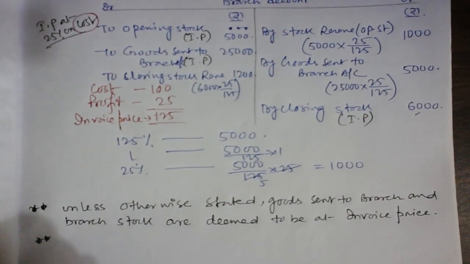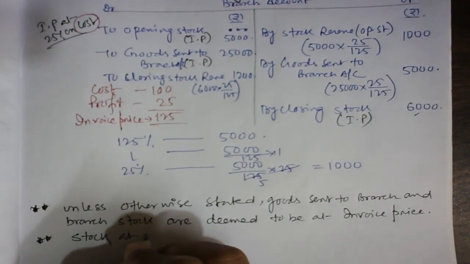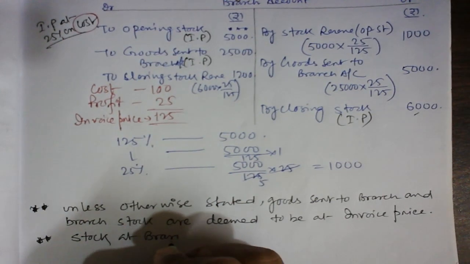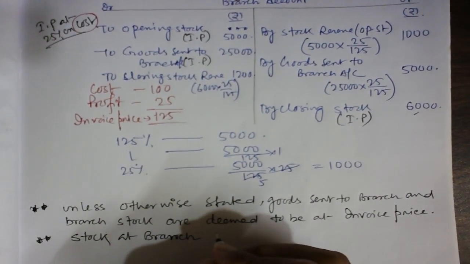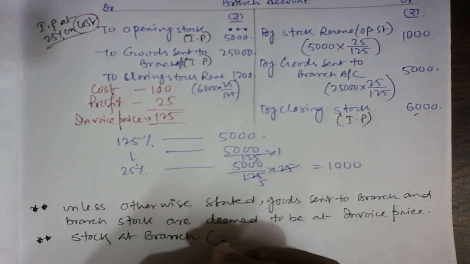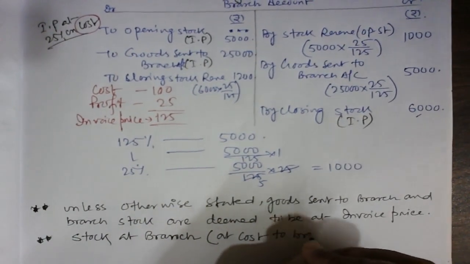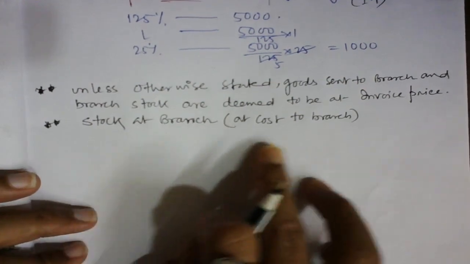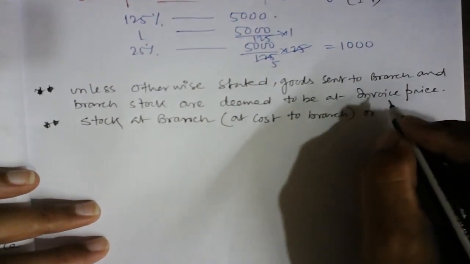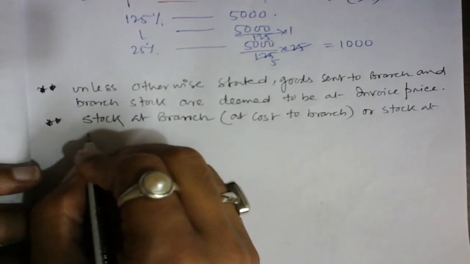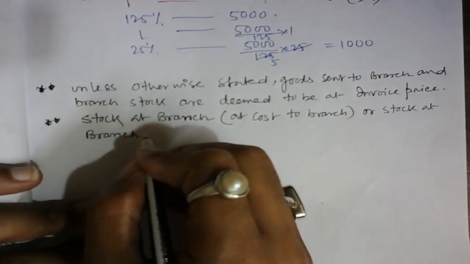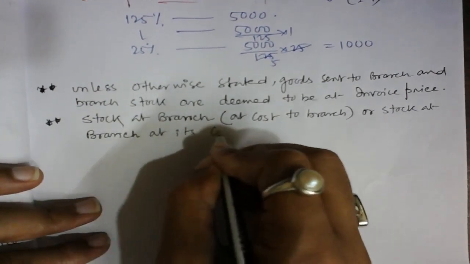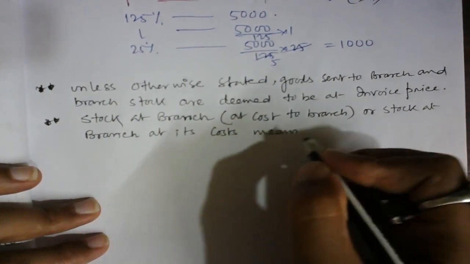And next, sir, stock at branch. Write down please: stock at branch at cost to branch, or you can write stock at branch at its cost, means stock at invoice price.